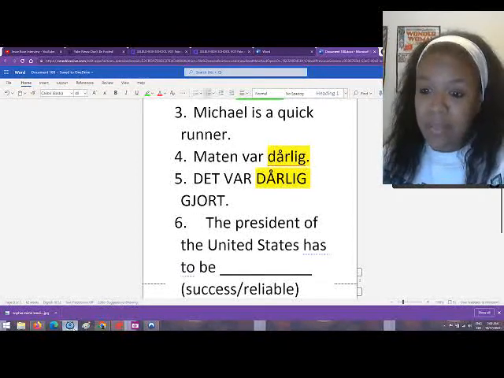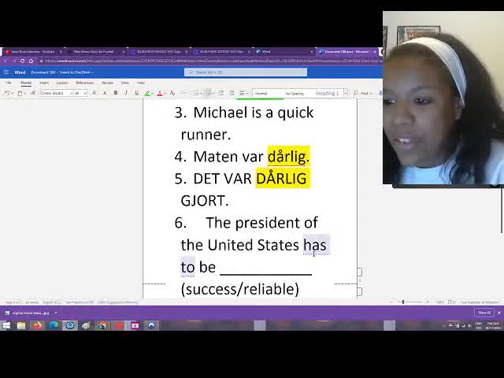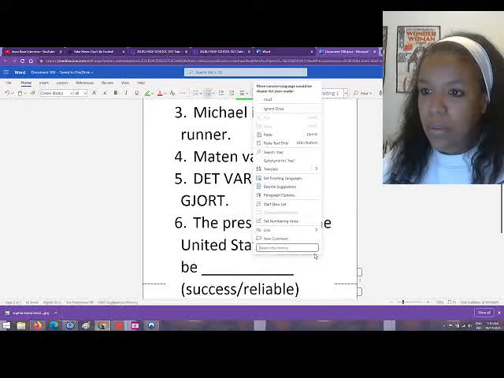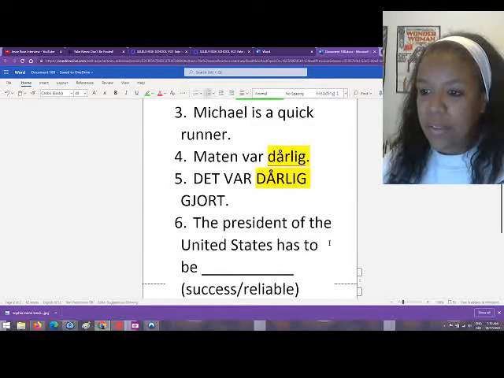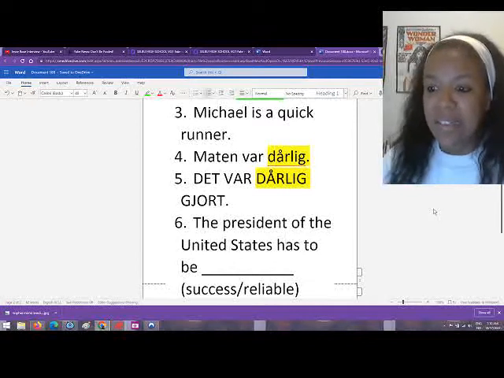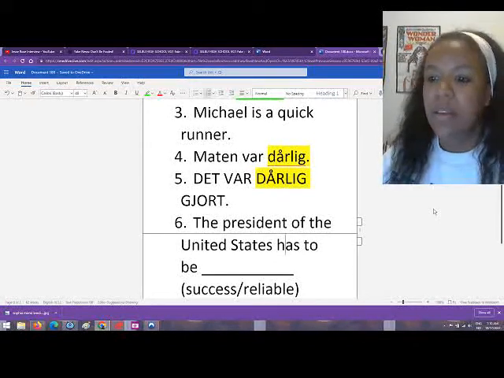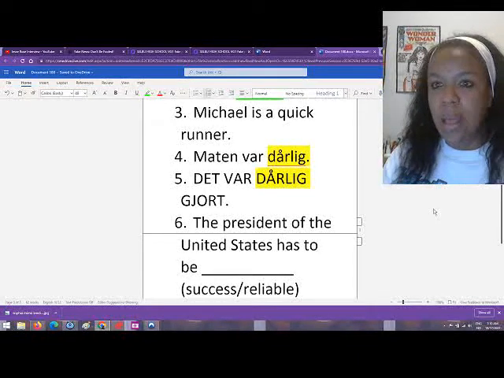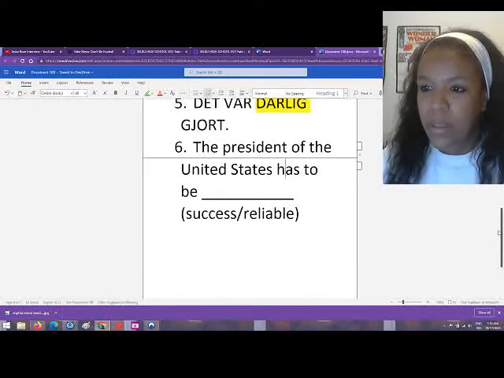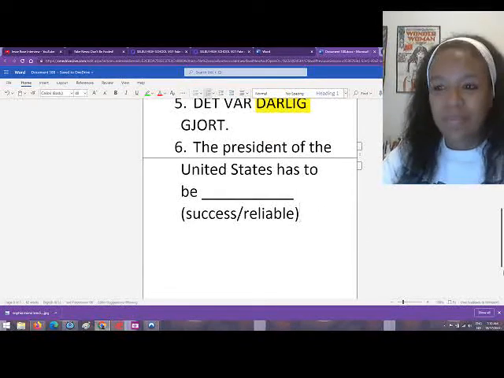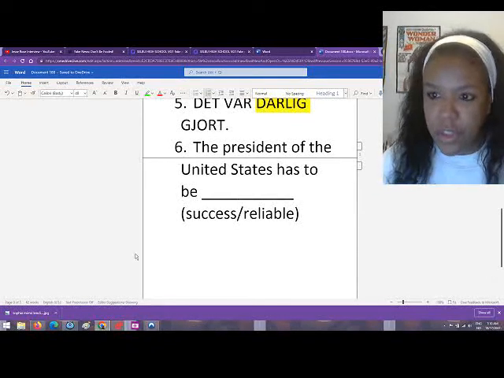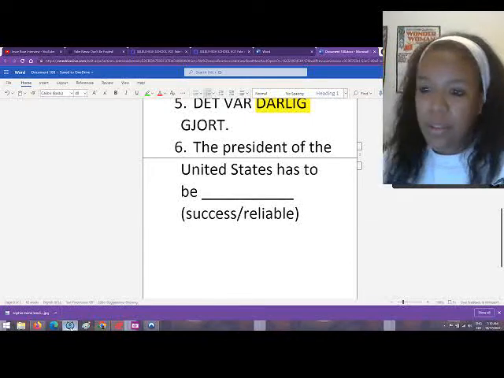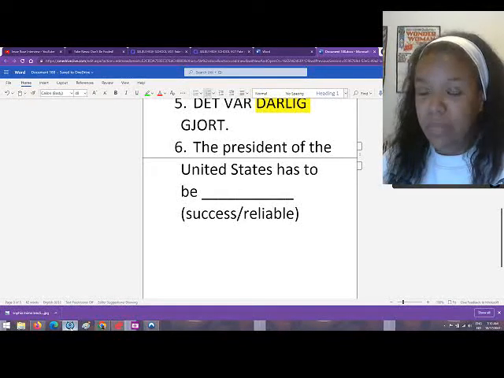You choose one that best fits with the situation. So the President of the United States has to be, or must be, and you have 2 words there: success and the word reliable. Please type in chat which word you think best fills in the sentence and completes the sentence to give it meaning.